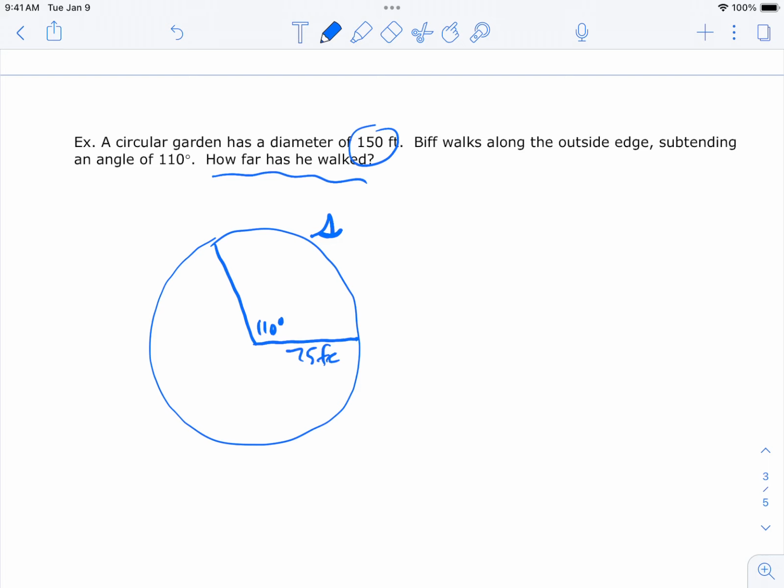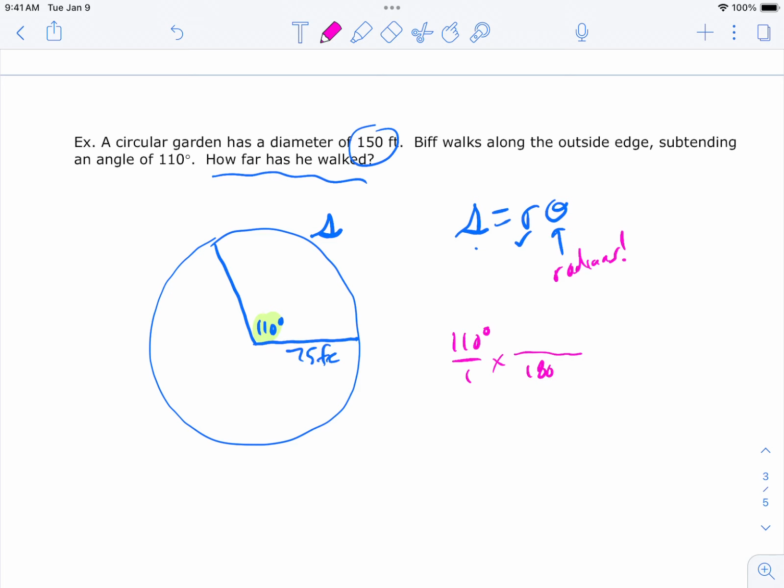So we could use the formula S equals R theta, because we know the R, we want the S. It wants us to put the angle in. So this is where you have to be careful. This has to be the angle in radians. You can't plug the 110 in. This doesn't work. So first you take the 110 degrees and you convert it to radians.